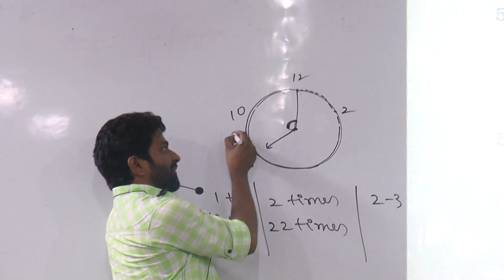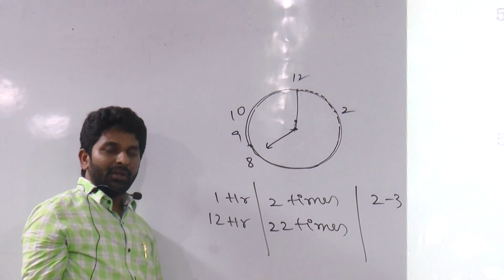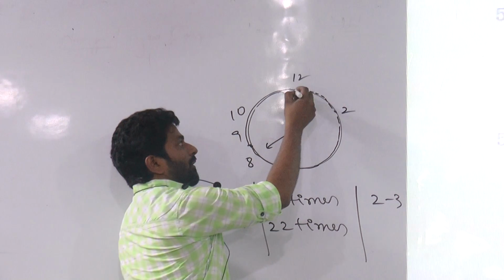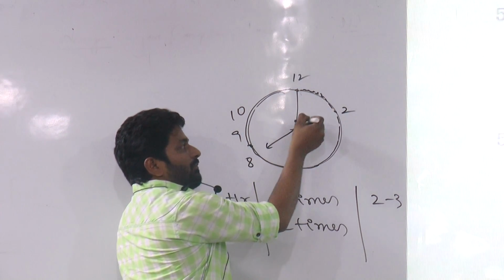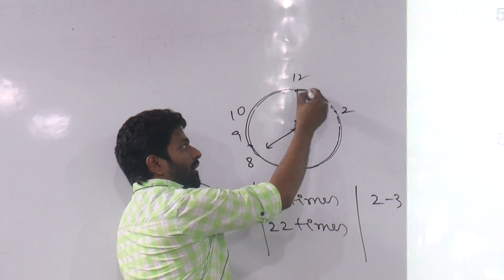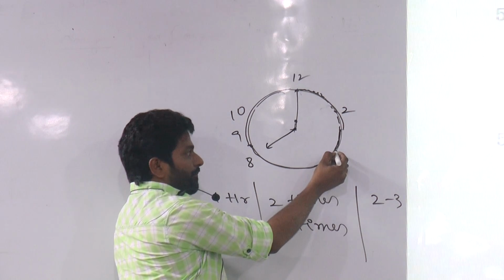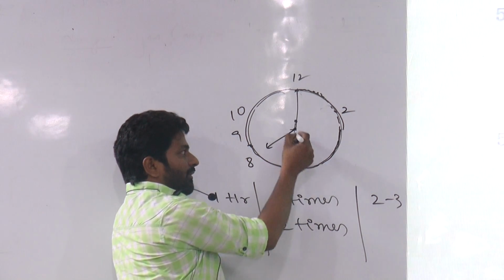It takes time to understand. Now the time is 8 o'clock. We are expecting 90 degrees. At this point it will form 180 degrees. Now 8:15, 8:20, 8:25.